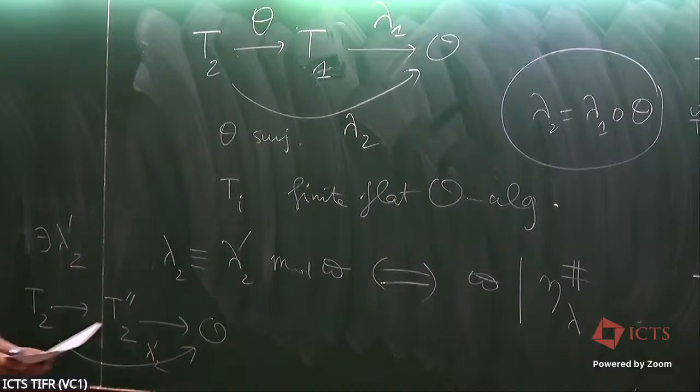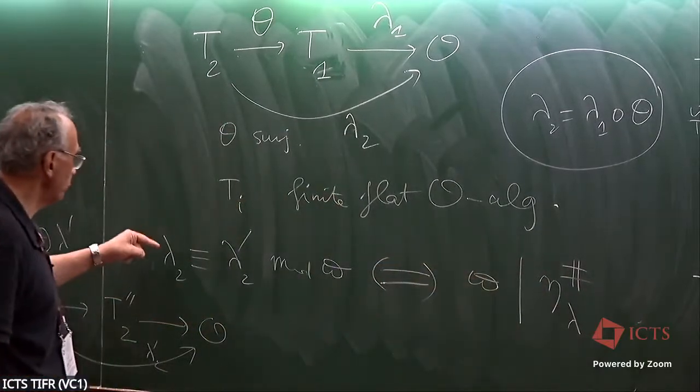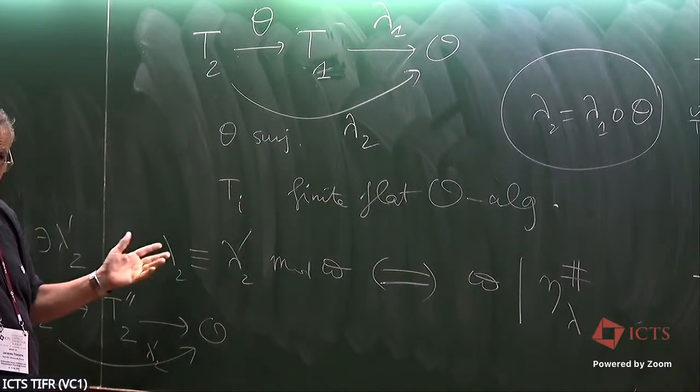So this is the number which controls congruences between base changes and non-base changes.